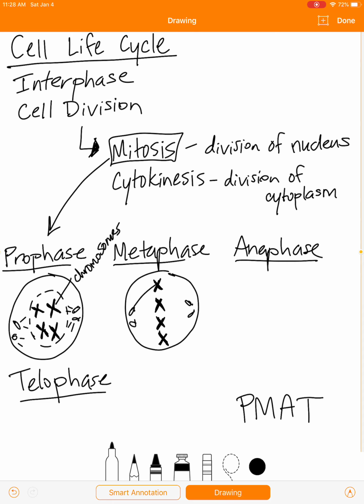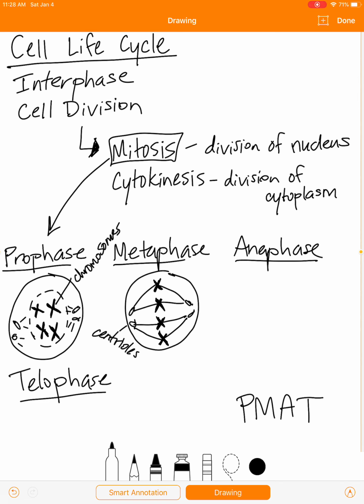Remember these centrioles here are going to be found on either pole, or either end of the cell, and they're going to be sending out spindle fibers. Spindle fibers are a type of microtubule that help divide the cell and also help pull chromosomes apart.